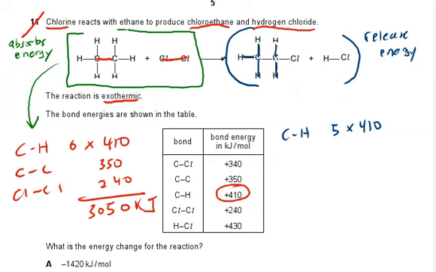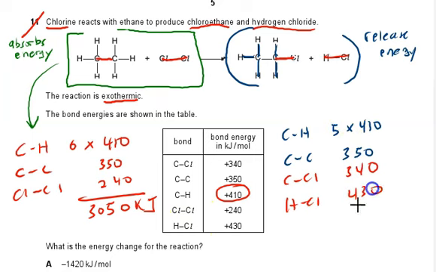Now we also look at the carbon and carbon, they have 350. Look at carbon and chlorine, we have about 340. And hydrogen and chlorine, we have about 430.